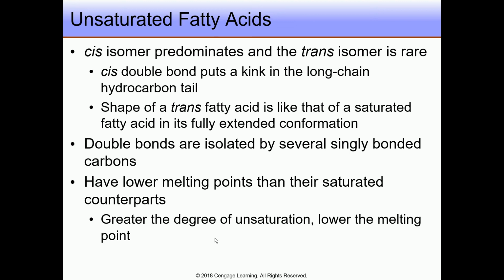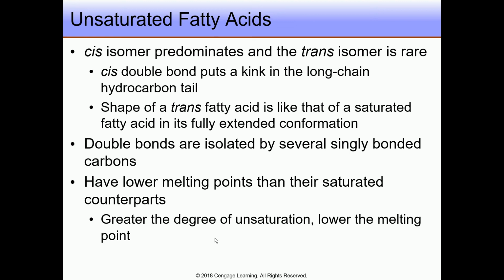What do I mean by they have the same molecular formula? Which means that they have the same number of carbon atoms or the same number of hydrogen atoms. But how these atoms are arranged, the covalent arrangement of atoms, is different.